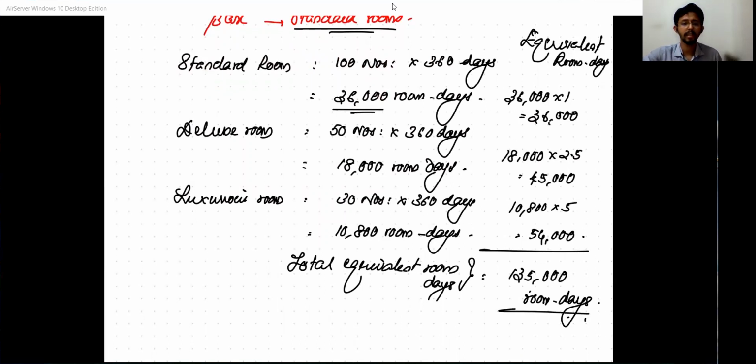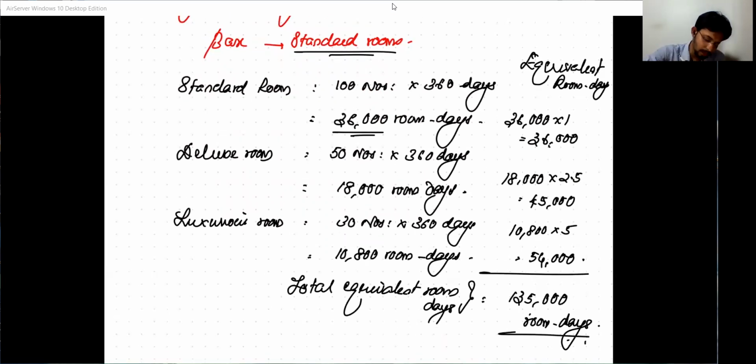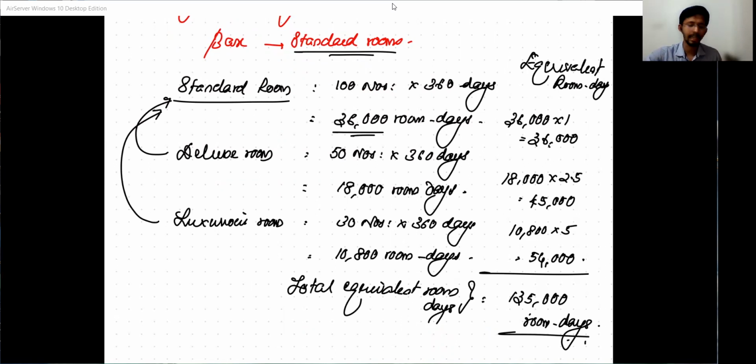This is the equivalent number of room days. Now here what we have done, we have taken the standard room as the basis and we converted the deluxe room as well as luxurious room in equivalent to the standard rooms. So each deluxe room was equivalent to 2.5 standard room and each luxurious room is equal to 5 standard room. So based on that units, we converted that.